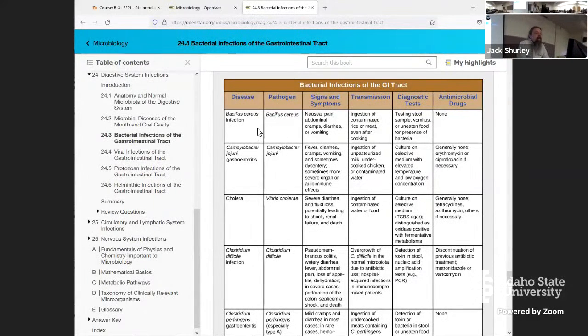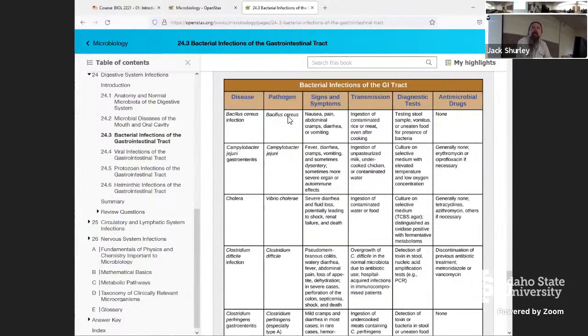Bacillus is another one that we think of as a food situation. In this case, not a poisoning, all right? So a foodborne illness. The Bacillus is one of the bacteria that's a spore former, all right? And Bacillus cereus, this is one you've probably looked at in the lab, all right?